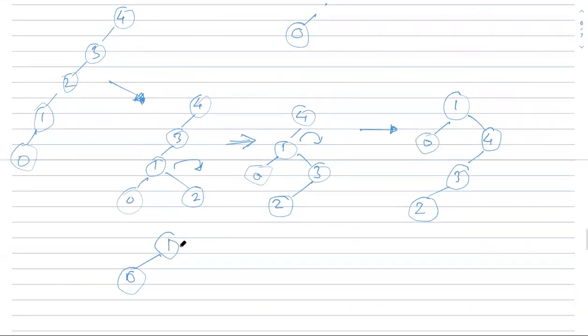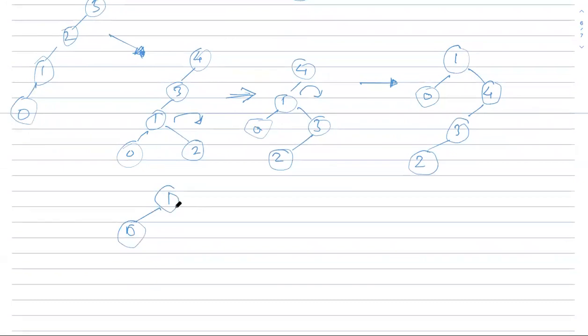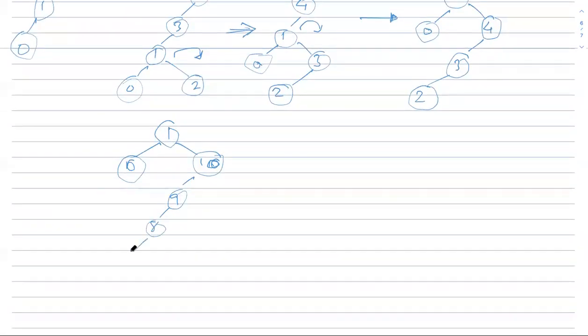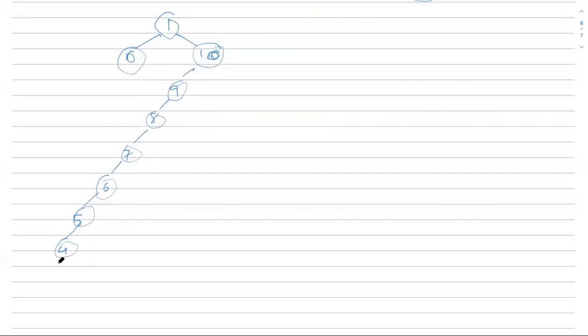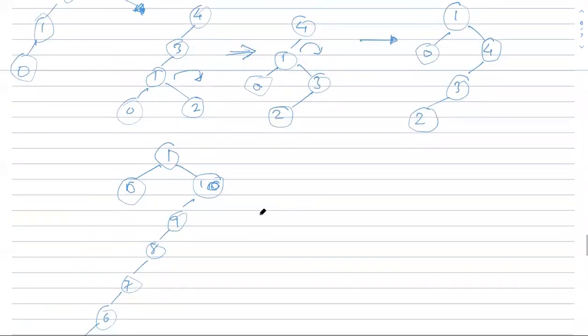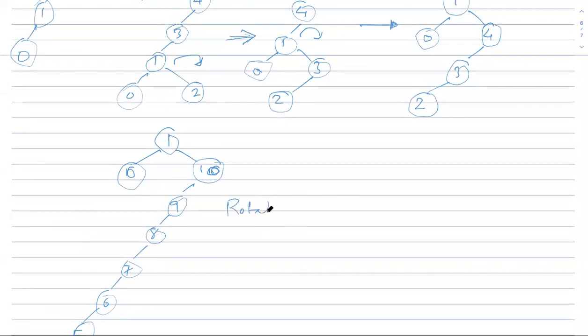So the configuration would look like 0, 1, 10, and then 9, 8, 7, 6, 5, 4, 3, 2. So this is the result if you have rotated parent first and then the grandparent.